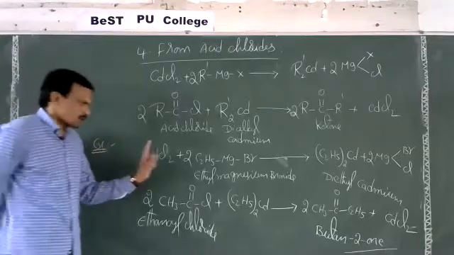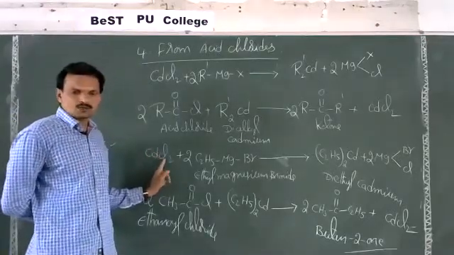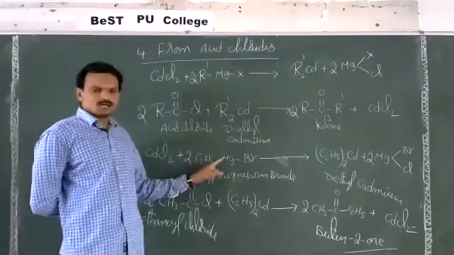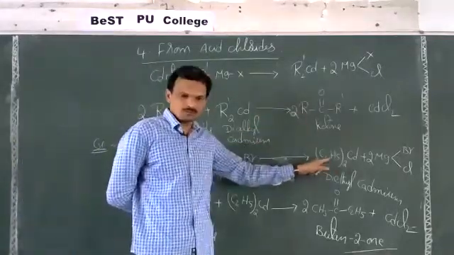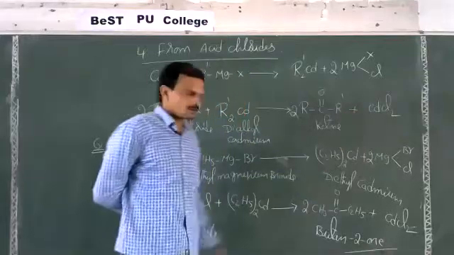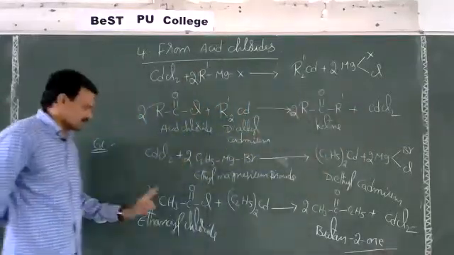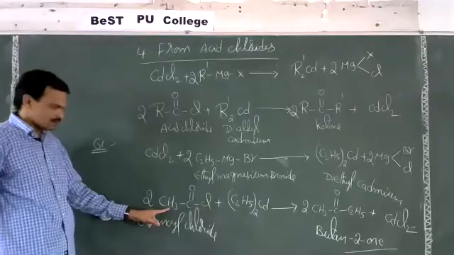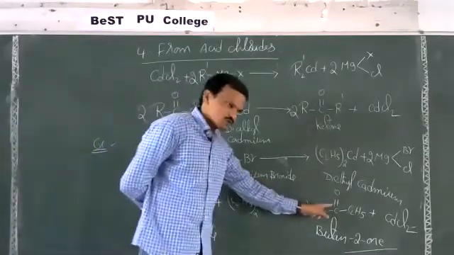See, one second. When cadmium chloride is allowed to react with ethyl magnesium bromide, it gives diethyl cadmium plus a byproduct. And this diethyl cadmium, when allowed to react with acetyl chloride, we can get butan-2-one.